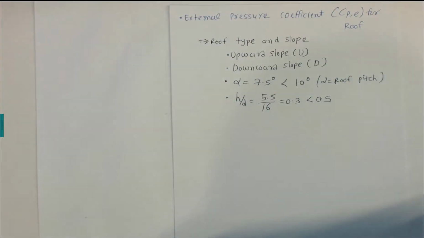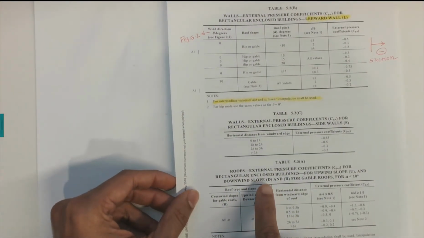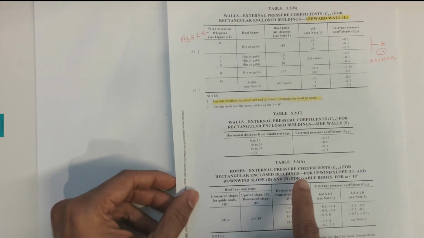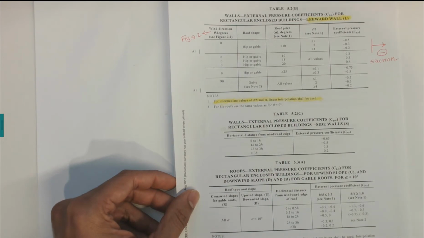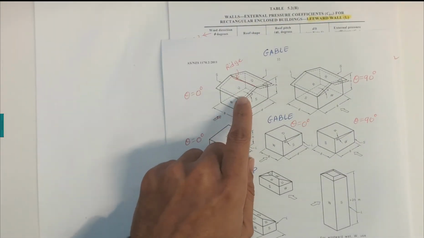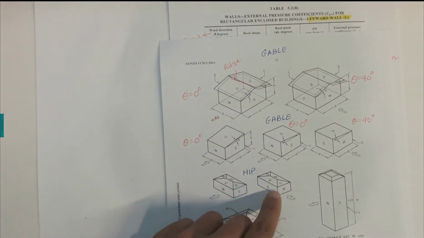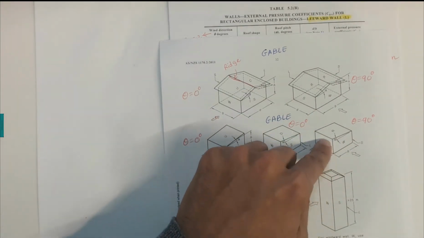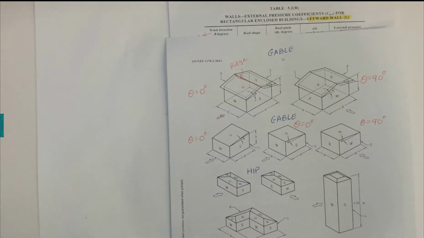So these tables can be used for the cases where you have upward slope, downward slope, and or the R, which is a crosswind roof slope.